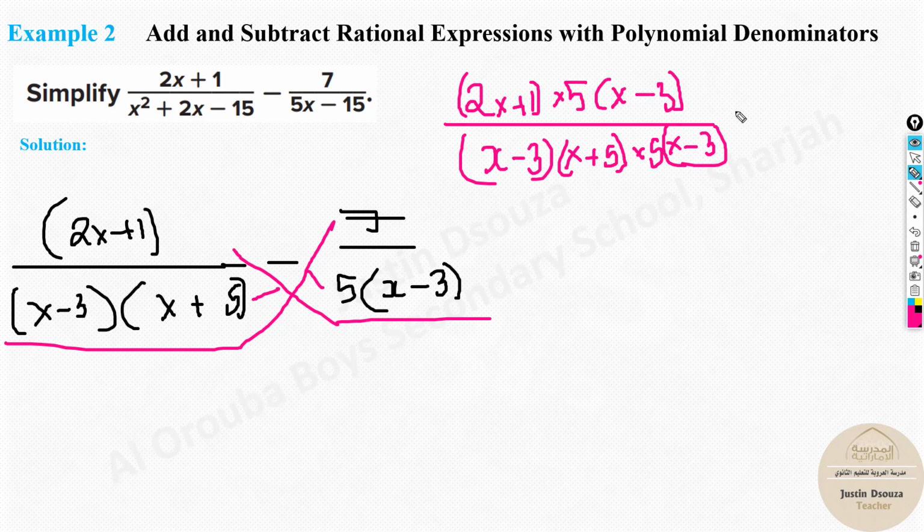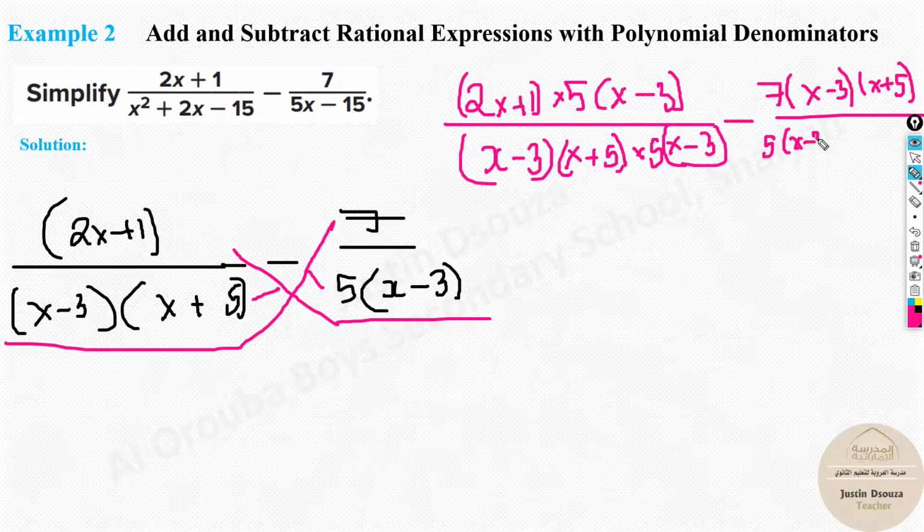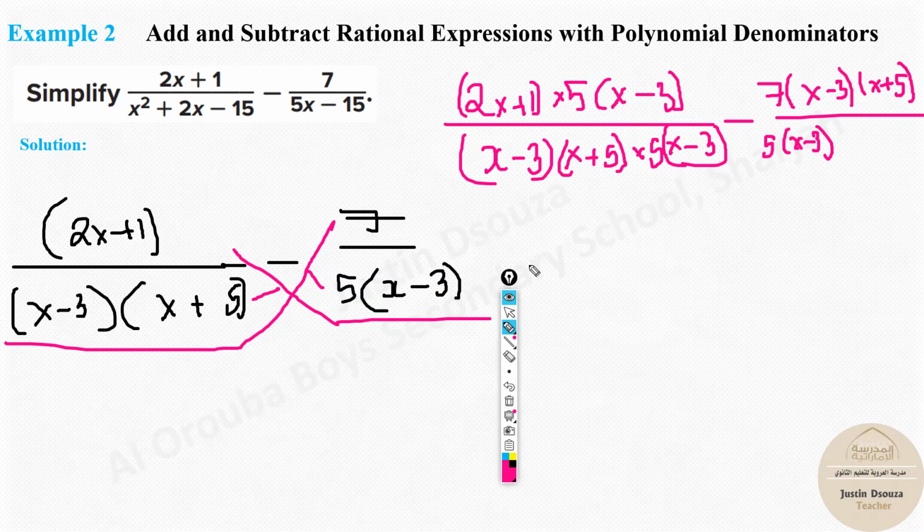Now the same thing will be done to the other side, but the denominator of the left side, that will be 7 times x minus 3 and x plus 5. And divided by the denominator over here is already 5 of x minus 3, and you have another 2, that is again x minus 3, and lastly we have x plus 5.